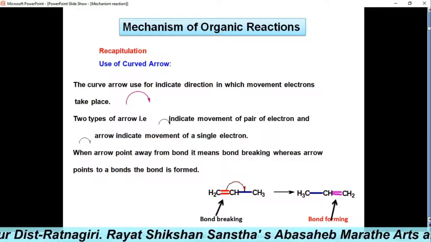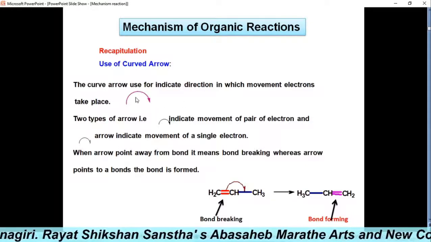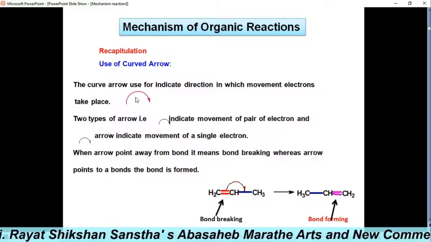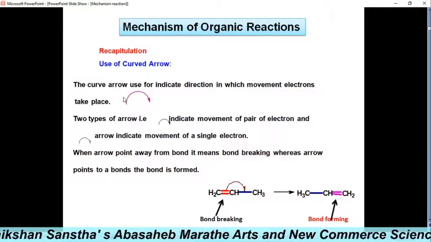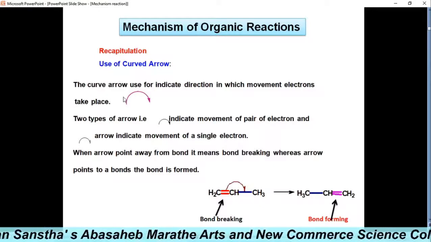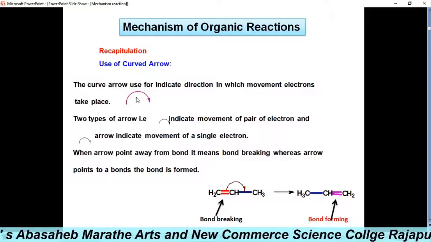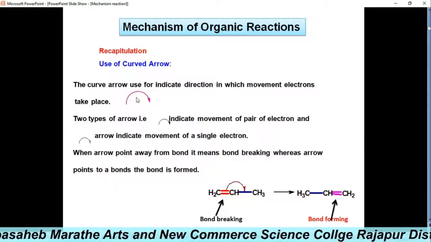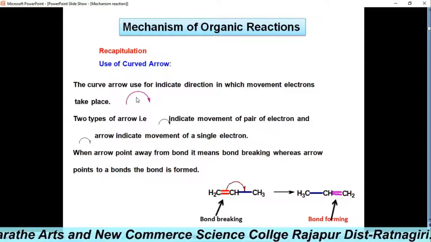We have seen this type of curve arrow, which is used to indicate the direction in which the movement of electrons takes place, that is from bond to the atom or atom to the bond.